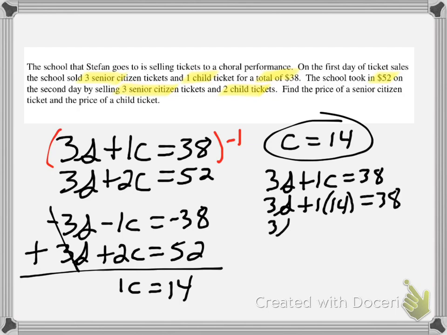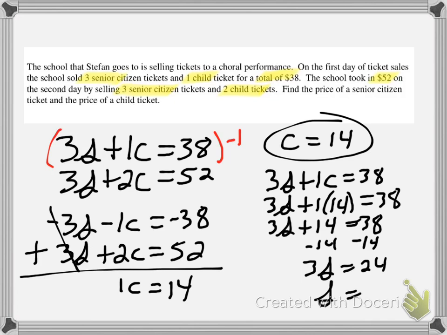So I get 3s plus 14 equals 38. And I'm going to have to minus 14 to both sides. So I get 3s is equal to 24. So if I divide by 3 to both sides, I should get that my s is equal to 8.